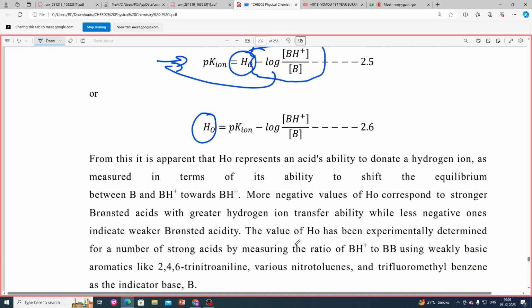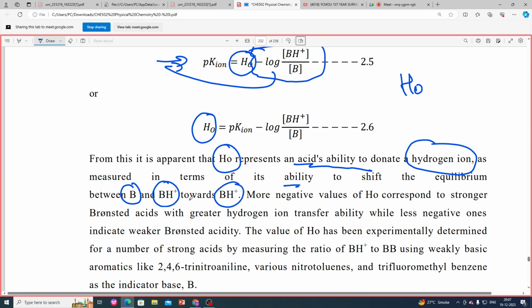Okay, from this it is apparent that H0 represents the acid's ability to donate a hydrogen ion. H0, which we call the Hammett acidity function, is the ability to donate a hydrogen ion as measured in terms of its ability to shift the equilibrium between B and BH+ towards BH+.